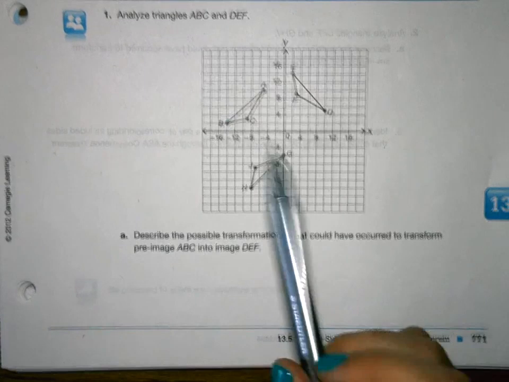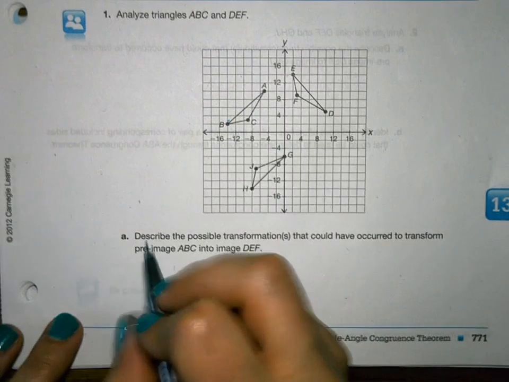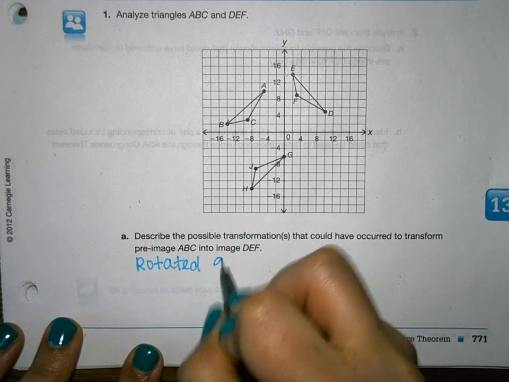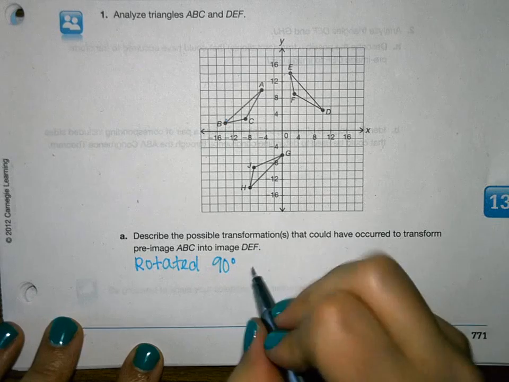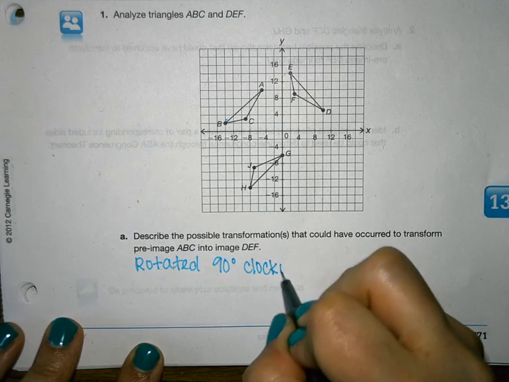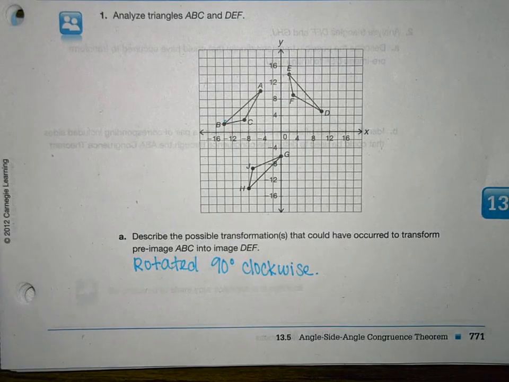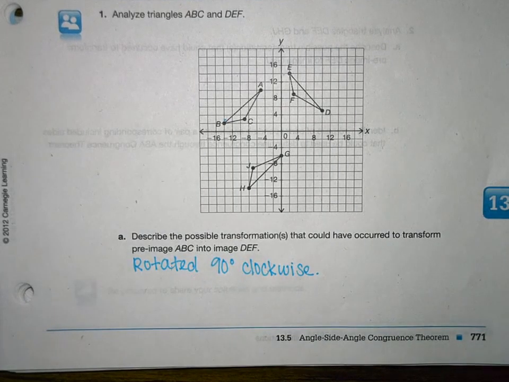To me, it looks like triangle ABC was rotated 90 degrees, but to the right, so that is clockwise, to get triangle DEF. So let's go from there and turn the page.